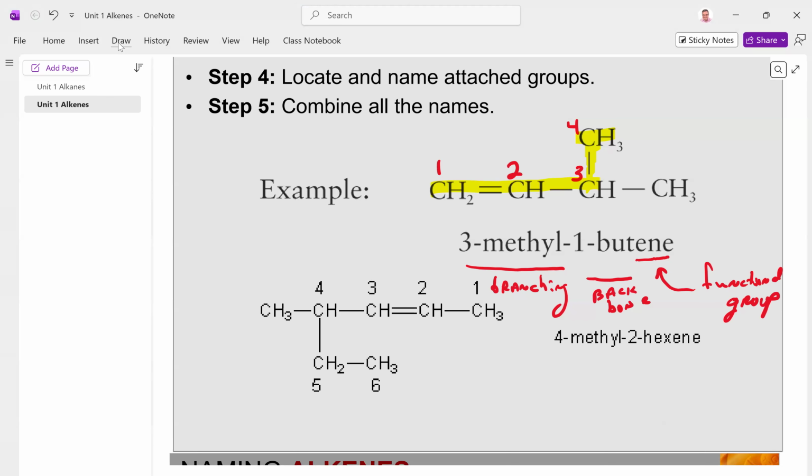The backbone, okay, the question was about the backbone. By definition, the backbone has to include the functional group. Now, with alkanes, you really don't have a functional group, so it just kind of belongs. But from now on, the backbone has to, no exception, include the functional group. So this functional group is a double bond, so your backbone has to include the double bond.